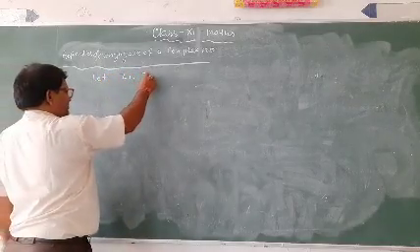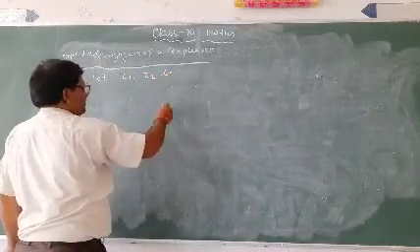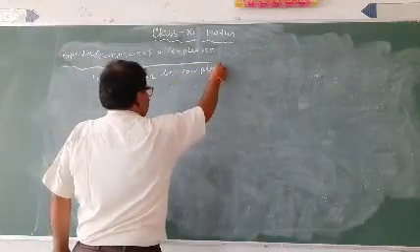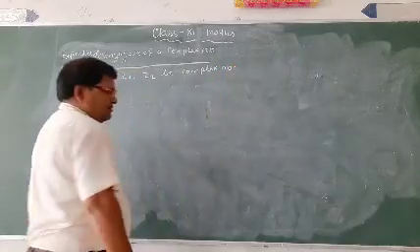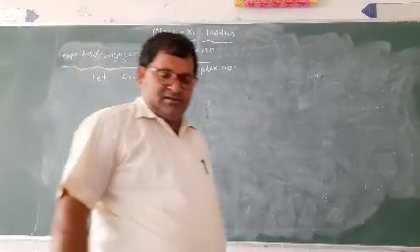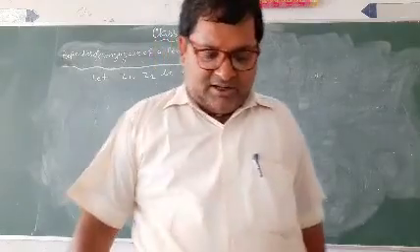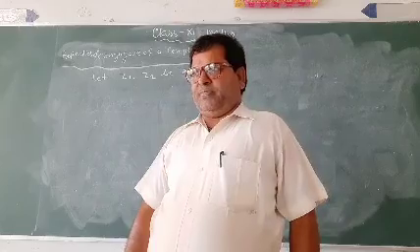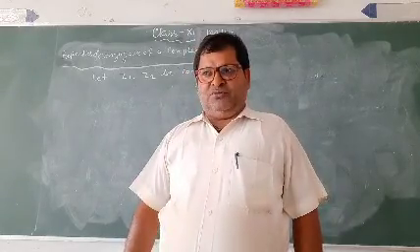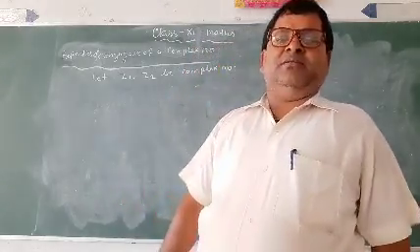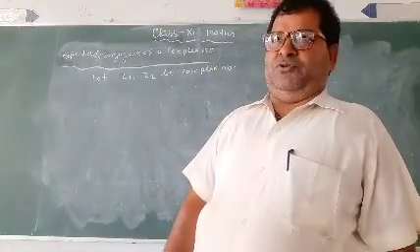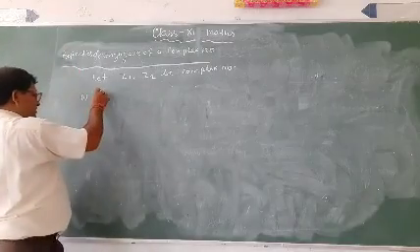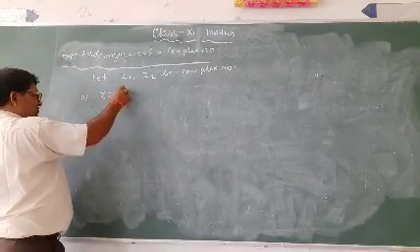Let z1 and z2 be two complex numbers. Then the first property: z equal to z bar.